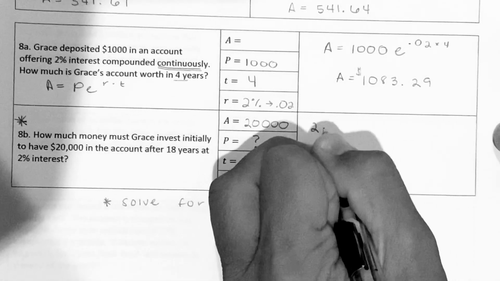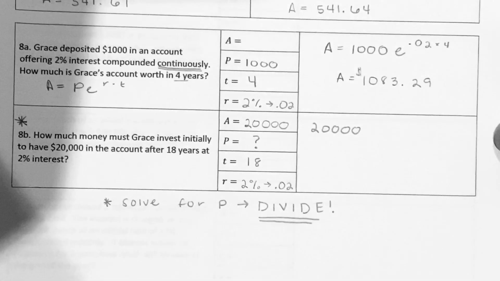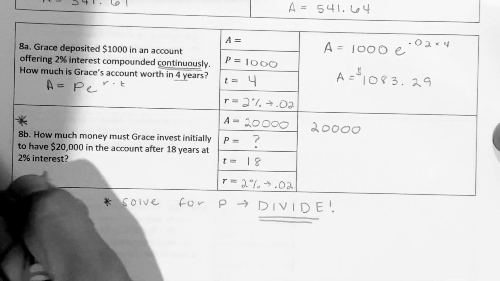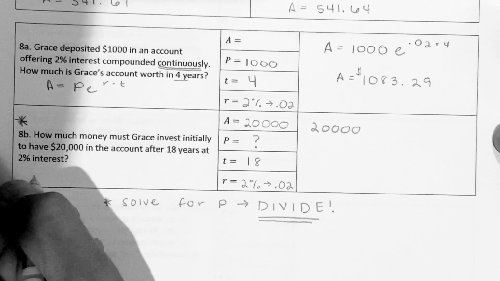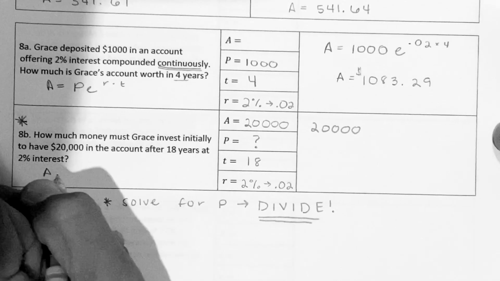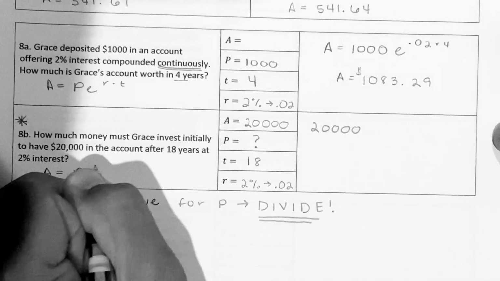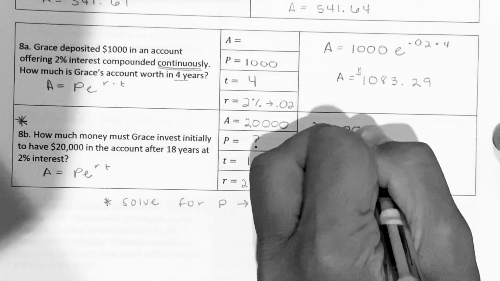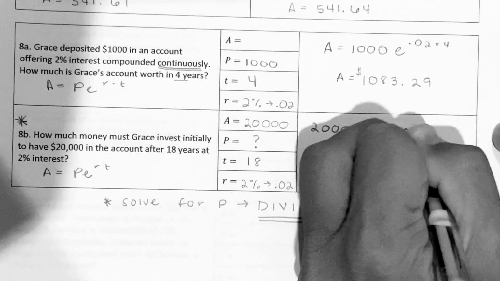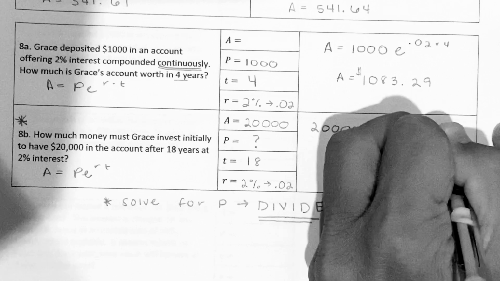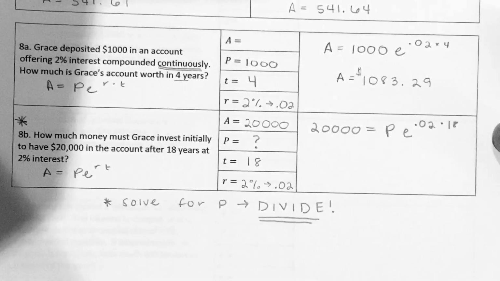So A is 20,000. We're gonna assume it's compounded continuously again, because this is just part B. A equals P E raised to the RT, 20,000 equals P E raised to the R times 18.